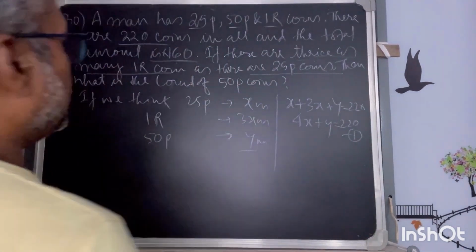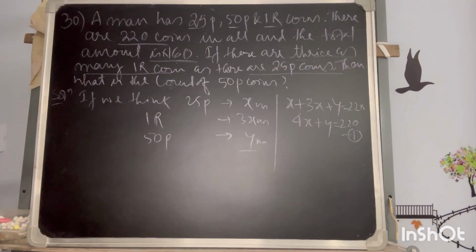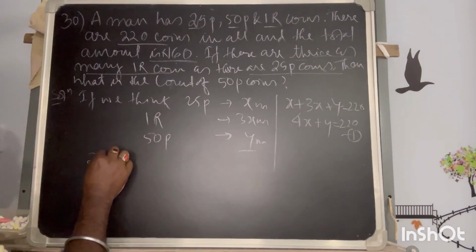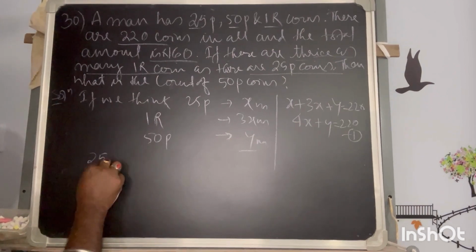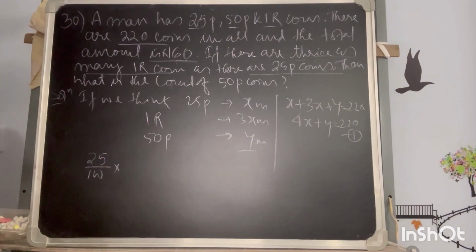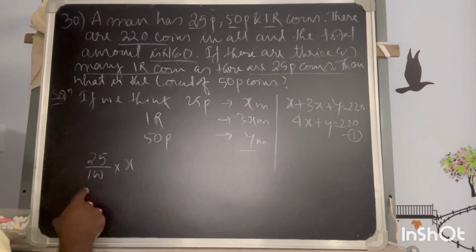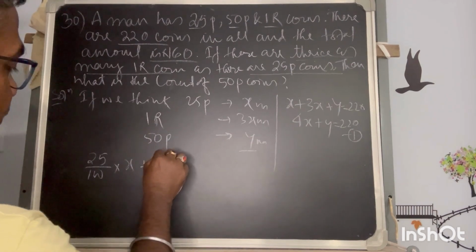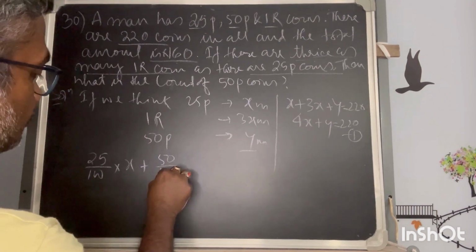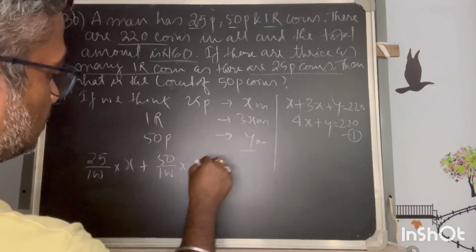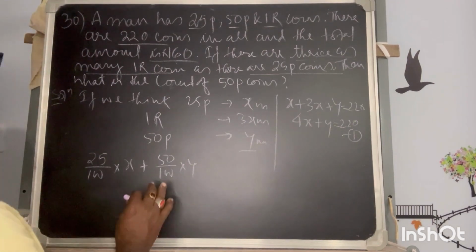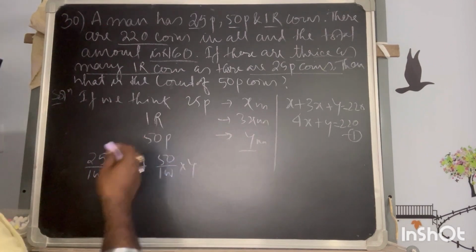And for the value, we have to convert 25 paisa into rupees. So 25 by 100, and with this count we will get the conversion in rupees of 25 paisa. The same 50 paisa will be converted into rupees first, and its count will give you the amount for 50 paisa.